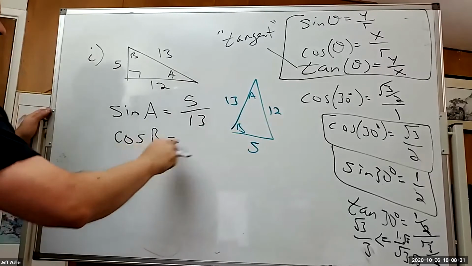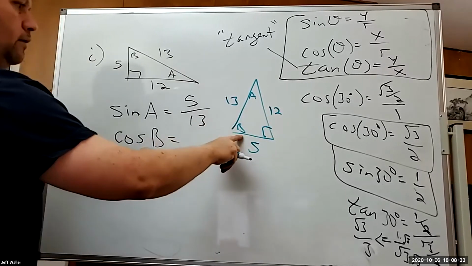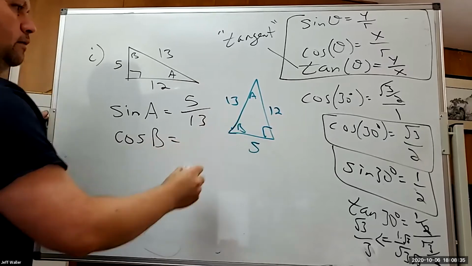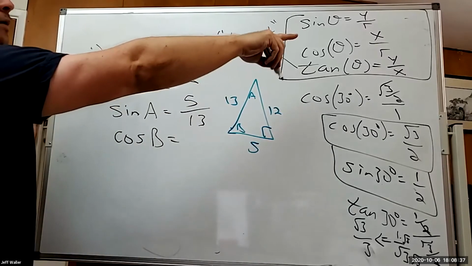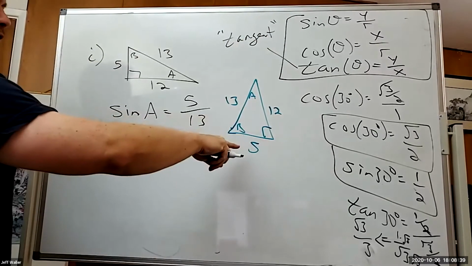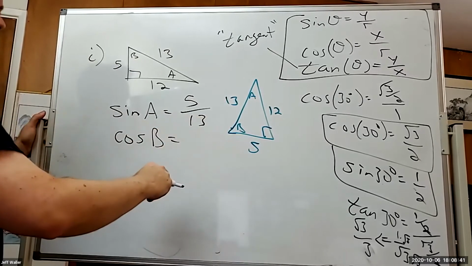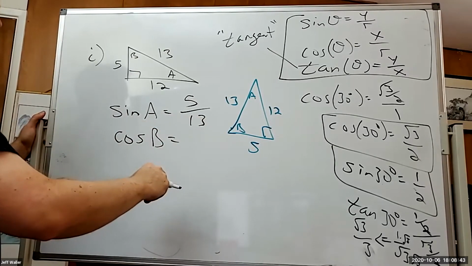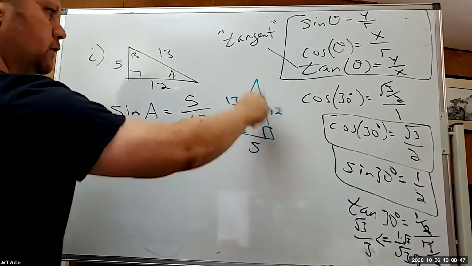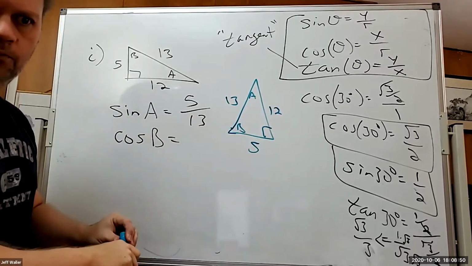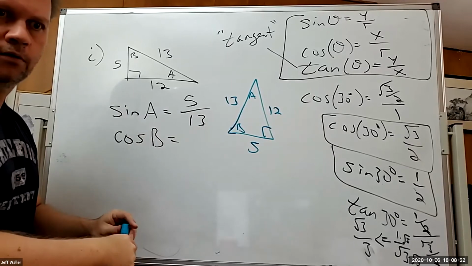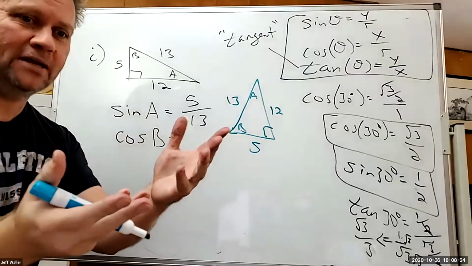So now what's cosine of B? Cosine tells you x to r, so what's cosine of B? What's the x piece in this triangle? Wouldn't it be 5/13 also? Yes, I love it. Exactly.